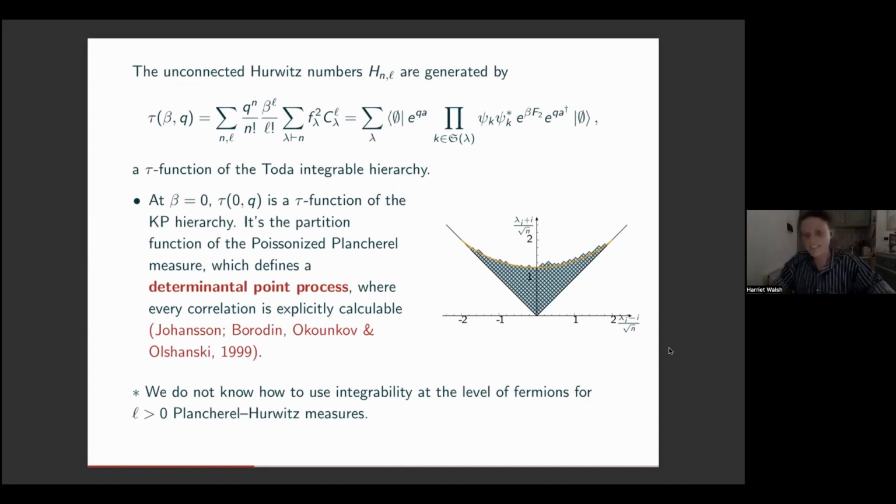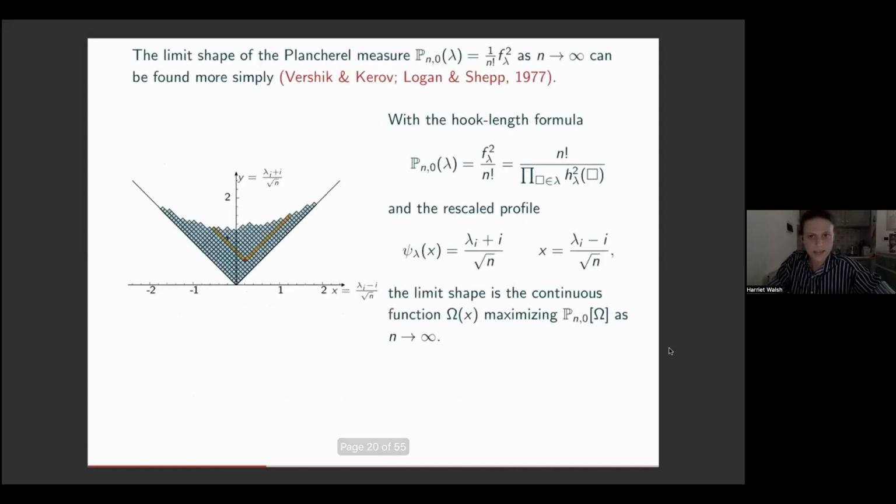So what we're doing instead is we're using more approximate methods to let L grow with N. And what we have, which applies here, is an earlier result from the 1970s, which was independently found by Vershik and Kerov, as well as Logan and Shepp, where they were able to find the limiting behavior of a random partition under the Plancherel measure using the hook formula.